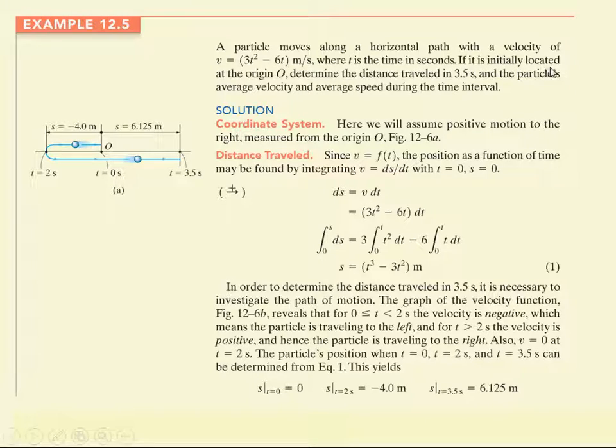If it is initially located at the origin O, right here, determine the distance traveled in 3.5 seconds and the particle's average velocity and average speed during this interval.